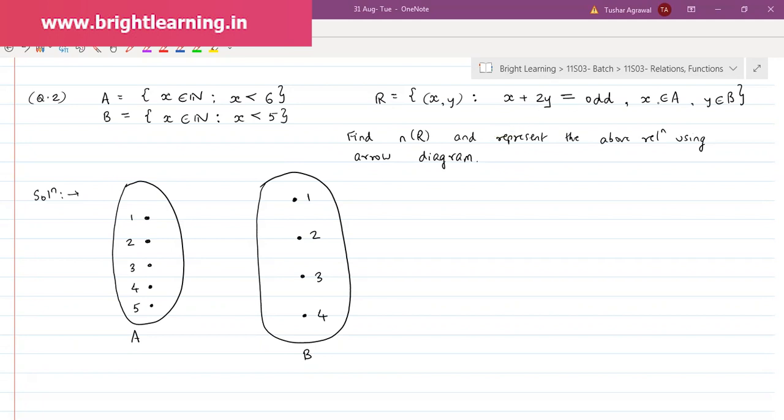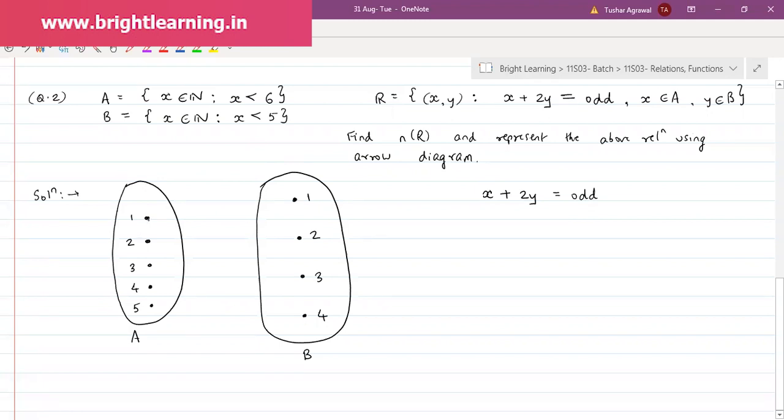x plus 2y. See, x belongs to A, y belongs to B, and the addition x plus 2y is odd. Observe here x plus 2y. If you want this to be odd, don't go by trial and error method.